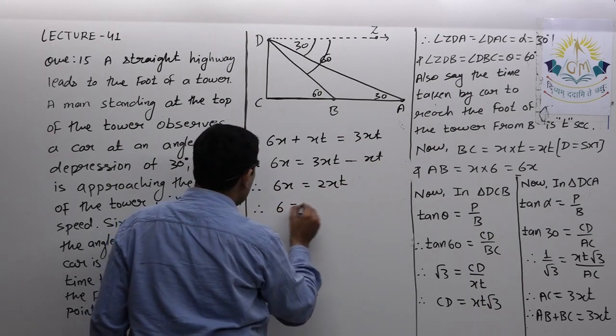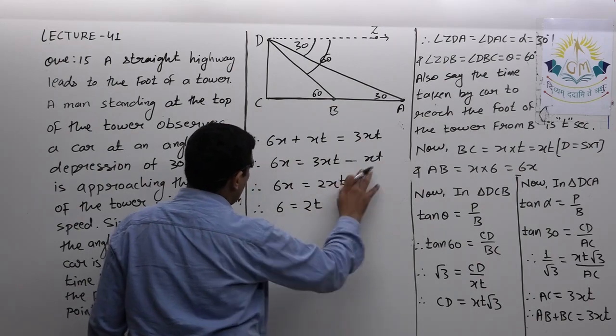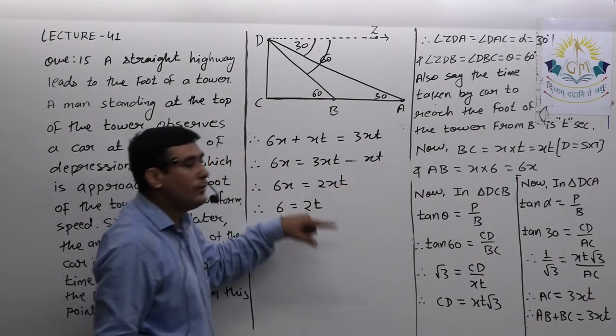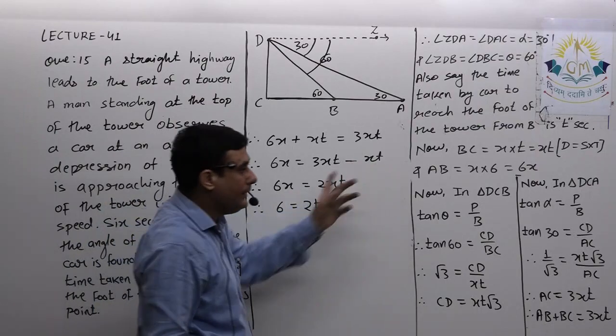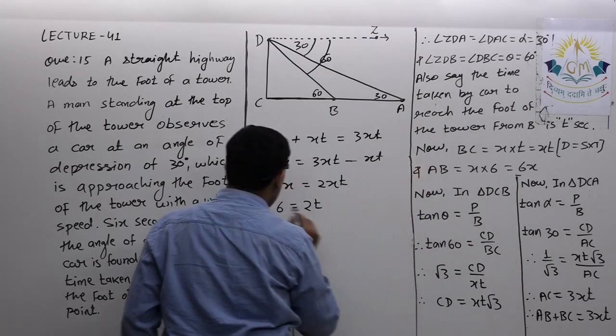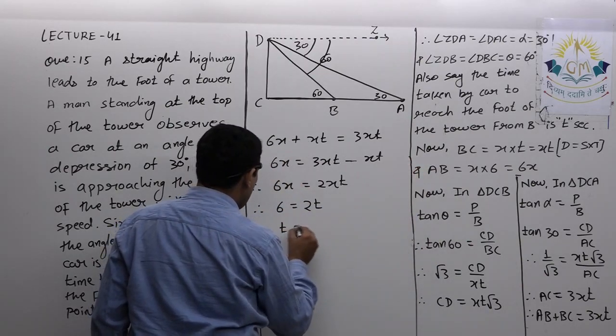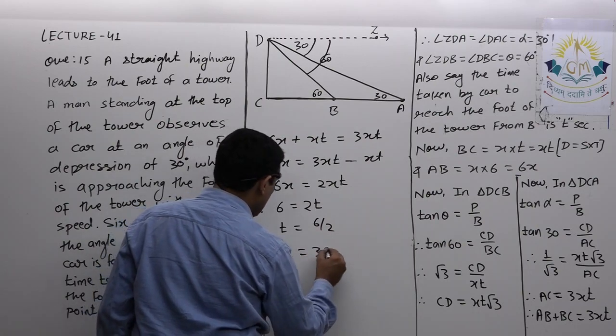Therefore 6 is equal to 2t. Here x and x I can cancel because x cannot be 0. It is not allowed to divide by 0, and x is definitely not 0 because x is the speed of a uniformly moving car. Therefore t is equal to 6 upon 2, so t is equal to 3 seconds.